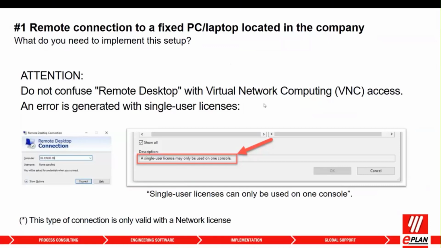While with VNC, it's a third-party software, and that software is just bringing the screen that you have on your computer in the office locally to your home, and you are controlling it that way. So it's two different solutions, and unfortunately, remote desktop is not available for you if you have a single user license.